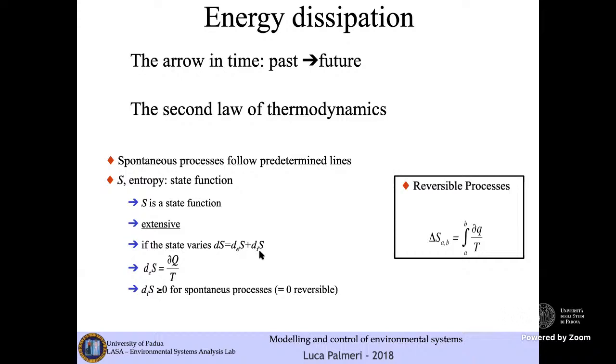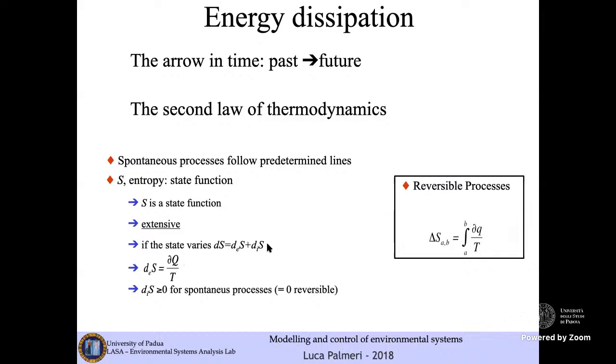And the second law of thermodynamics tells us that for the variation of the entropy due to external processes, we have a formal way of quantifying this variation: it is equal to the heat exchanged during this process divided by the temperature at which the exchange takes place.